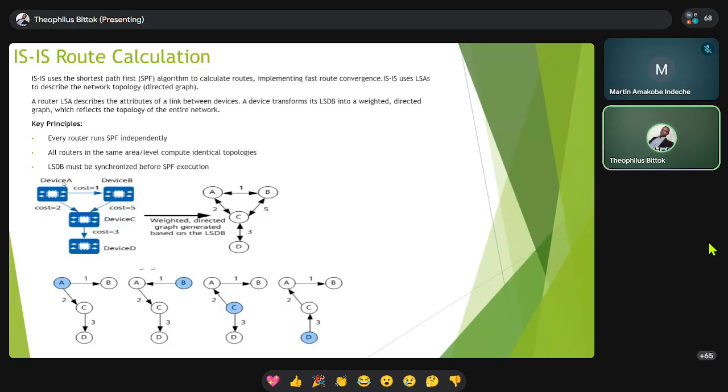The cost from device A to device B is 1. So which one is lower? Of course, the lower one is the cost of 1. So when it draws that tree, it says the best path to reach B is my direct link and not going through C. Each and every router is going to do the same, and it draws that tree.